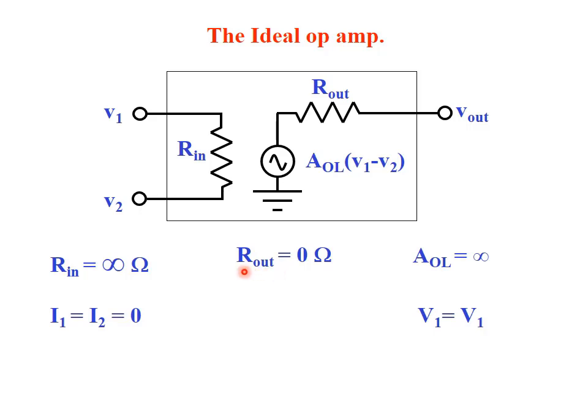And R out, as we said before, is an extremely small resistance, and in the ideal case it should be 0 ohm. And the open loop gain, OL for open loop gain, is also infinite. So this ideal op-amp should have an infinite gain. And when V1 and V2 are not connected, usually V1 equals V2. So that's the ideal operational amplifier.